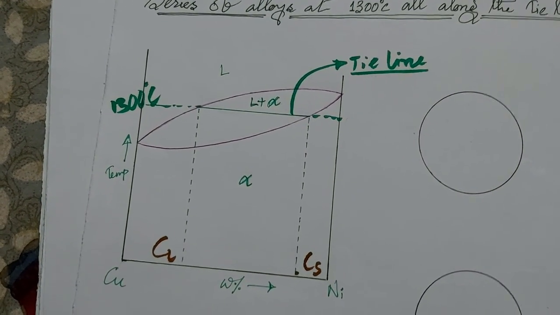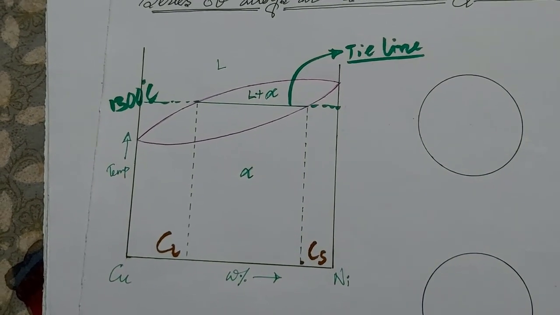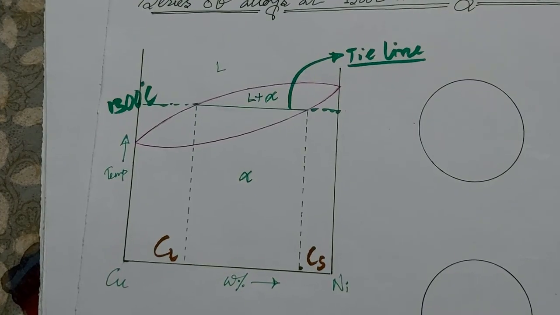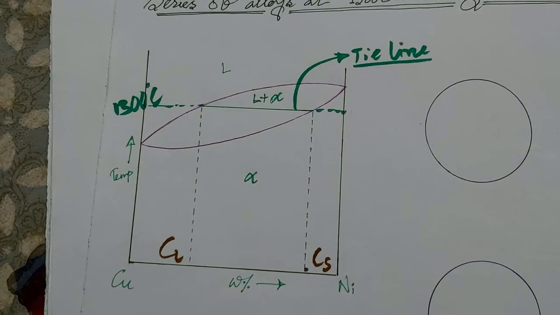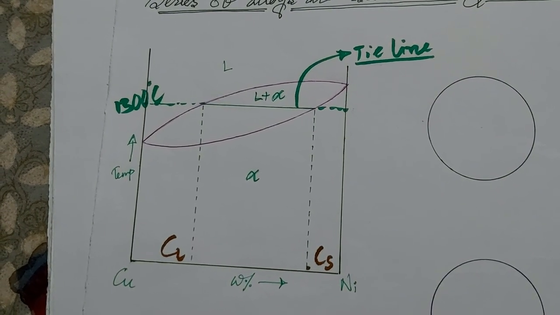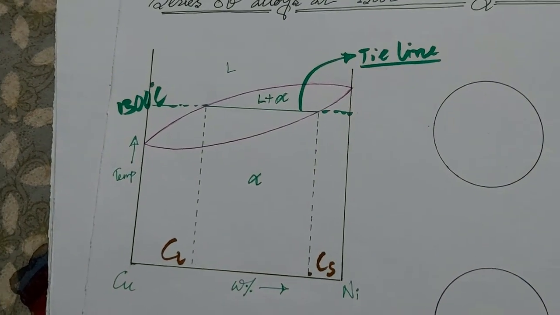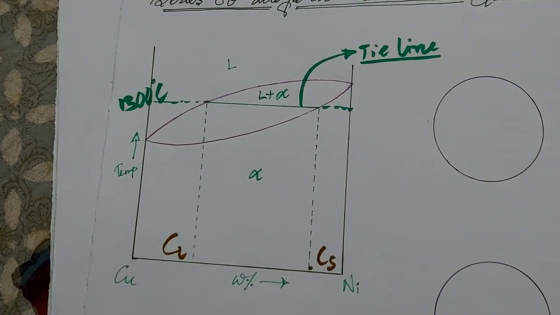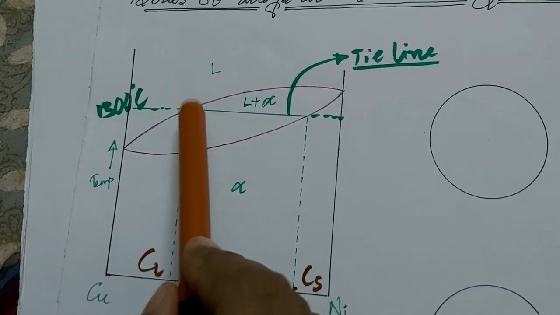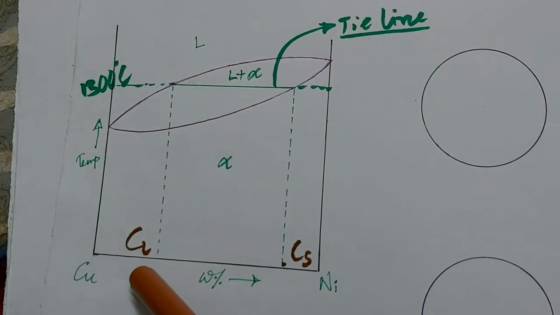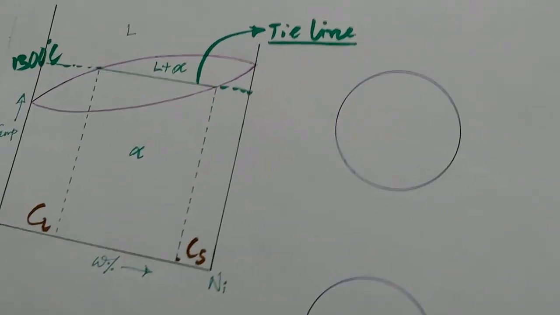Now we have constant temperature and we are varying the composition. So at constant temperature, by varying the composition, we can get different types of microstructure. First of all, we will see at this liquidus point, the composition Cl. So what will be the microstructure at this point?